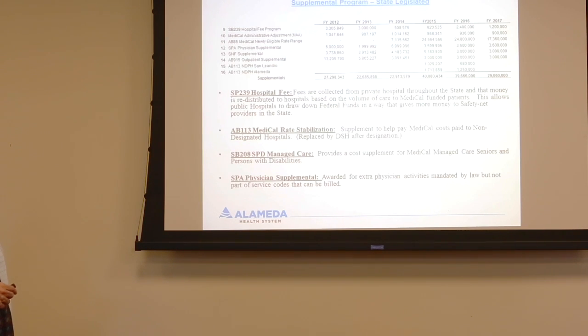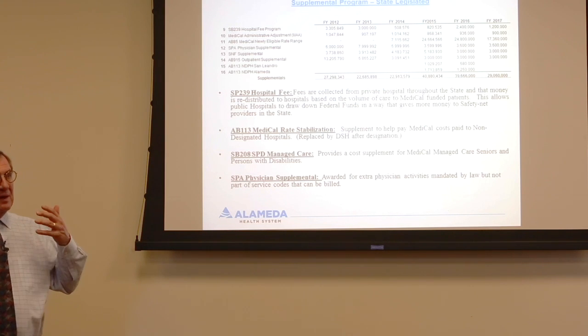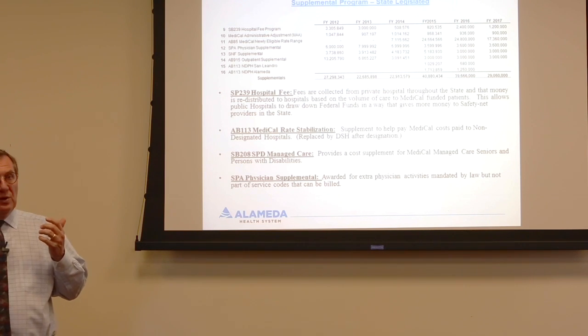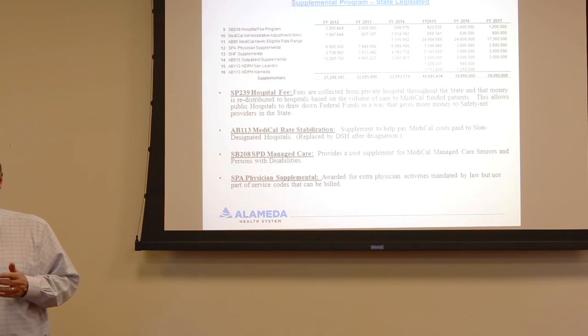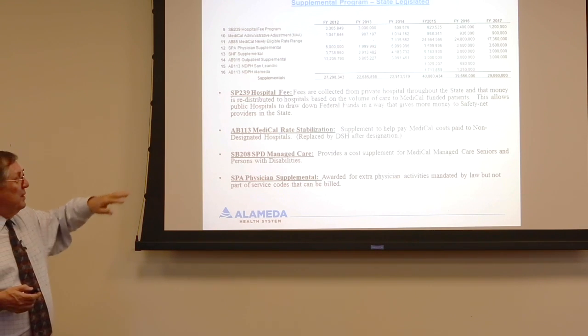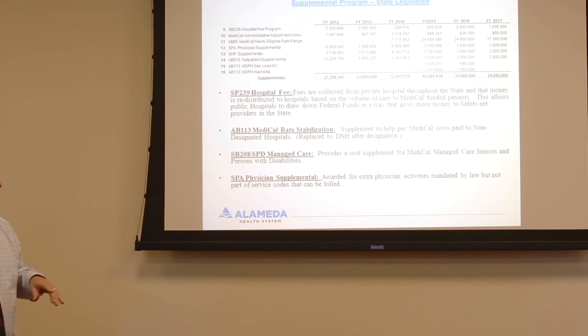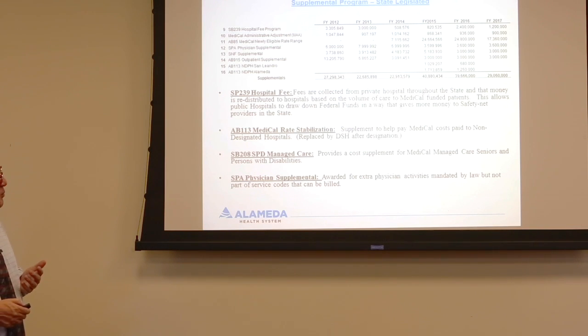Okay, supplemental programs. These are various programs that look at our costs and say, we know you're not getting paid for the full cost of care, because a lot of these programs don't pay full cost. So they'll look at various components, whether it's managed care, newly eligible, traditional Medi-Cal, and they'll say, we're going to have this program, we're going to give you a little bit more money.